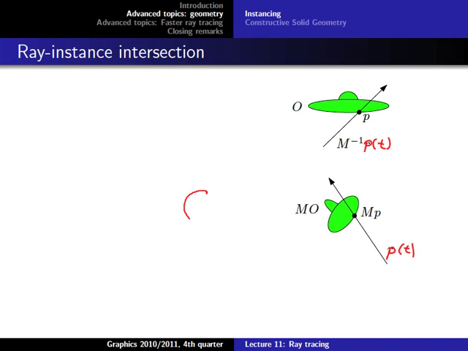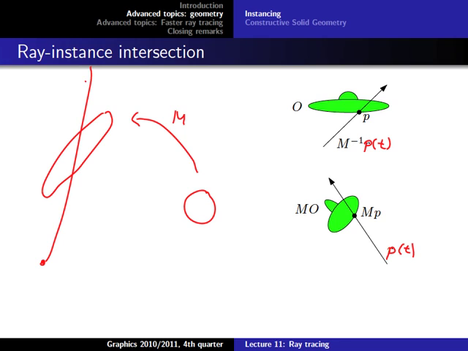We have an original object, which is a circle, and then we apply a transformation matrix M to it to get, for example, this rotated ellipse. And now we want to do ray tracing, so we have a ray that we shoot here as a straight line.